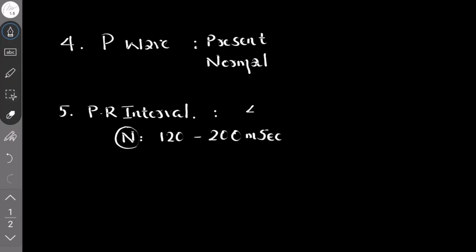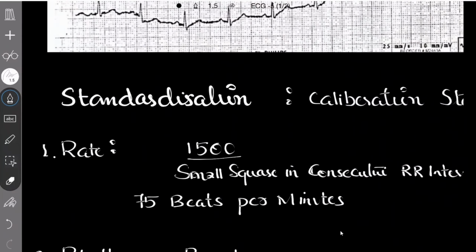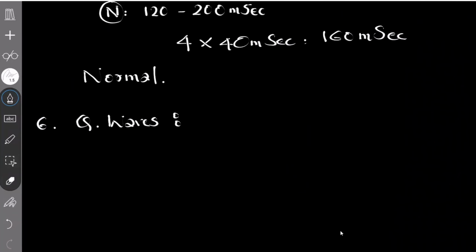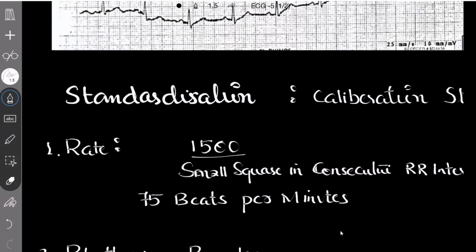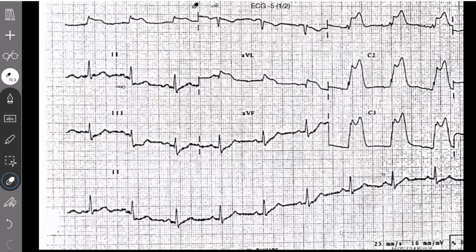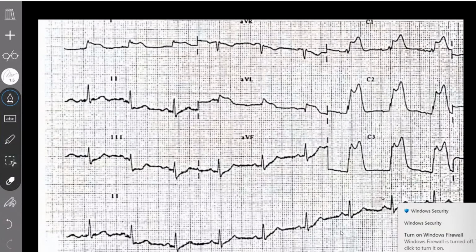Here, it is 4 small squares, so 4 into 40 milliseconds, that is 160 milliseconds. So it is normal. Let's check whether there are any pathological Q waves. In this ECG, we didn't find any pathological Q waves in any of the leads.